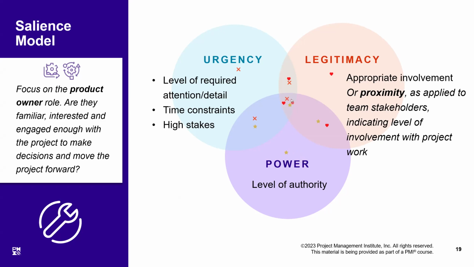This area, yes. Everything is high here. What is happening here? Only power is high. In this area, power and legitimacy are high. In this area, urgency and legitimacy are high. This is urgency is high, and this is urgency and power both are high.